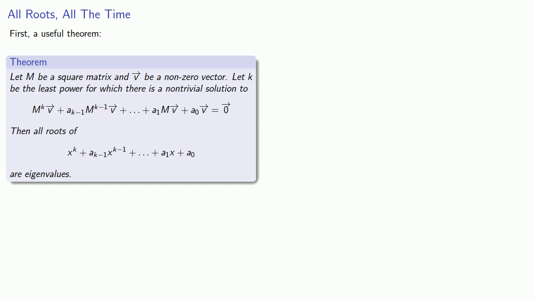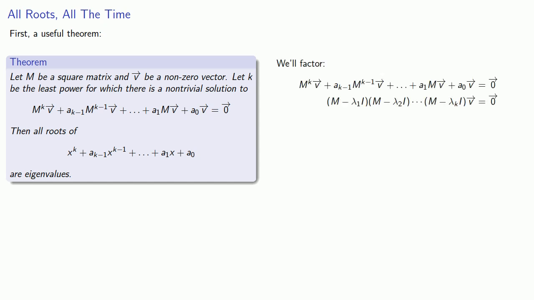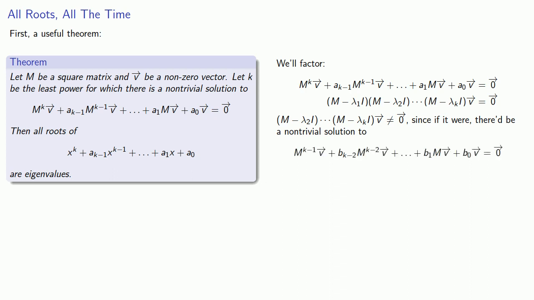And the proof of that is relatively straightforward. This vector equation can be factored, and this last part of the equation can't be zero, because if it was, there would be a non-trivial solution to an equation of lesser degree, and we assumed that k was the least power for which a non-trivial solution existed.